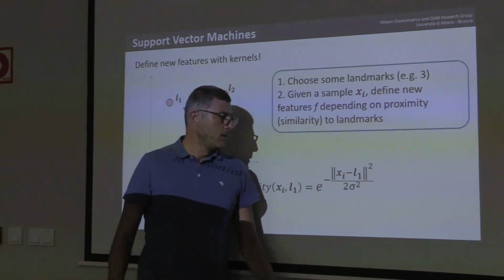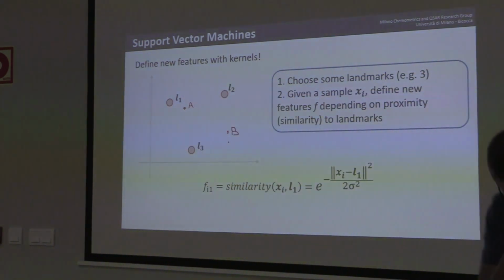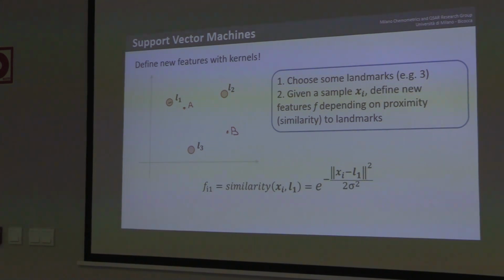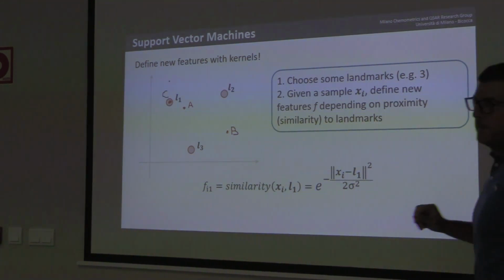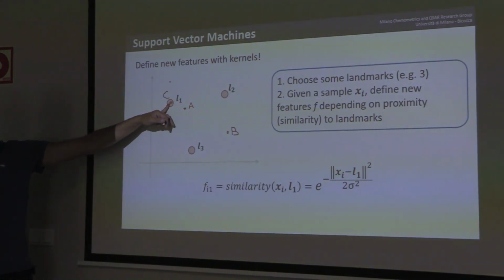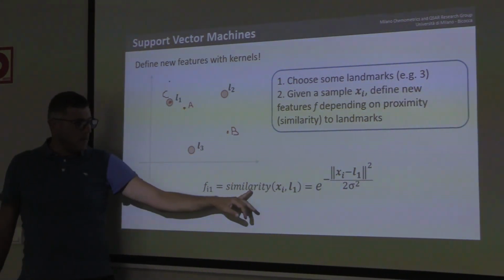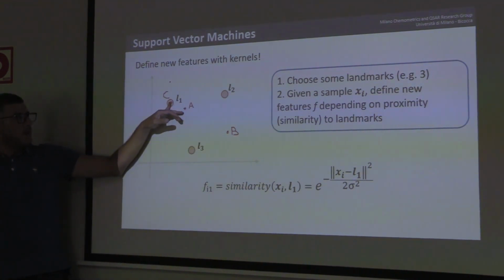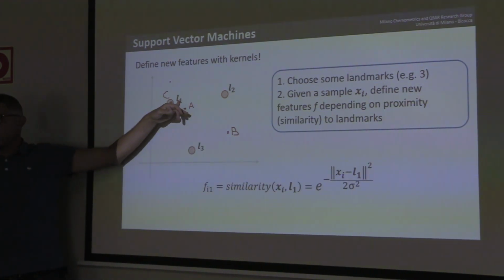So, if my sample, let's say this is sample number C, which corresponds to my landmark, what is the value of the similarity for this sample with respect to landmark number 1?